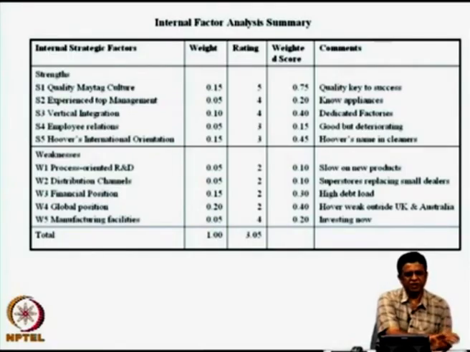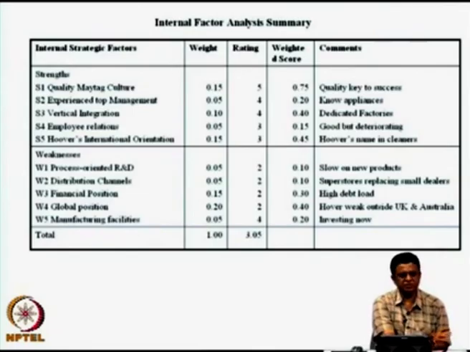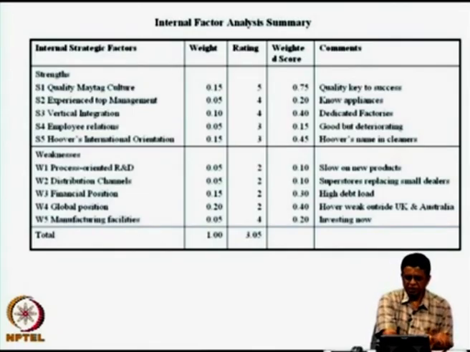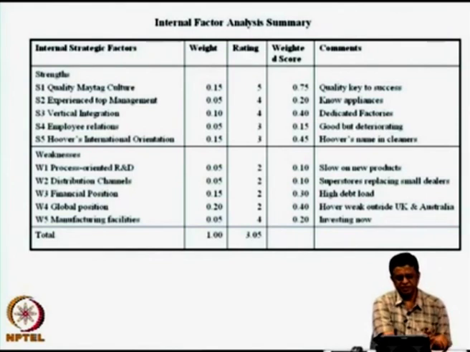Same way as we did the external factors analysis summary, that is the IFAS, take 5 strong points for strengths and 5 strong points for weaknesses of the firm. Look at the weights that can be given for each of the strengths and the weaknesses. The sum of the weights should be equal to 1.